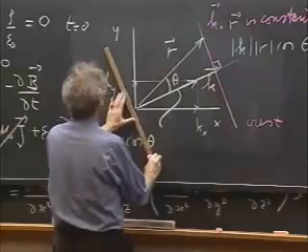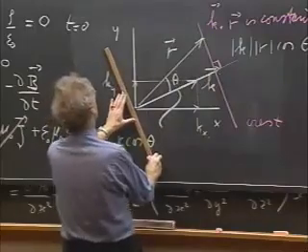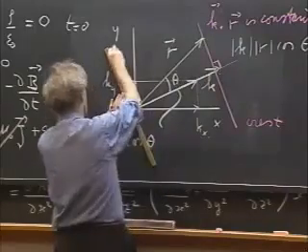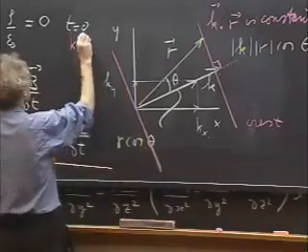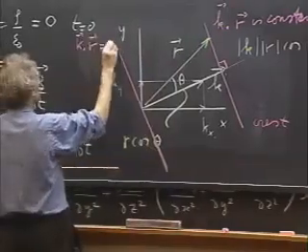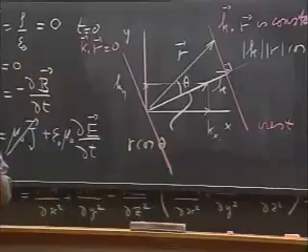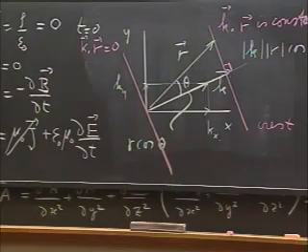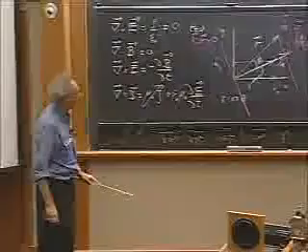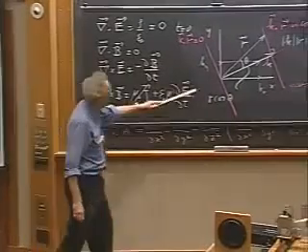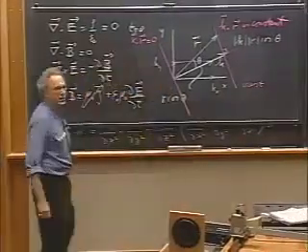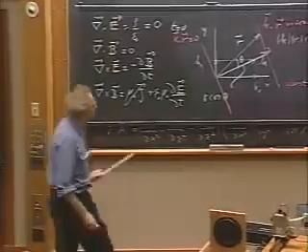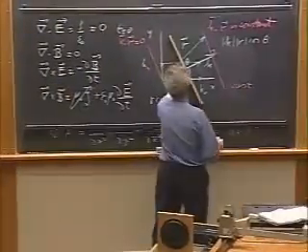And here, I draw another line perpendicular to k. So here, k dot r is 0. The dot product is 0. r is perpendicular to k for this point. I will also assume that the E vector here is a maximum pointing in your direction, and then there is one here.